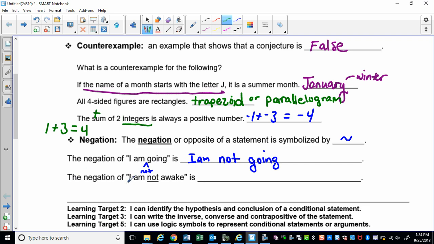The negation of something that's already negative: I am not awake. If we're going to do the opposite of that, then we're going to take the not out and we're going to say I am awake. That's the opposite of I am not awake. Okay?